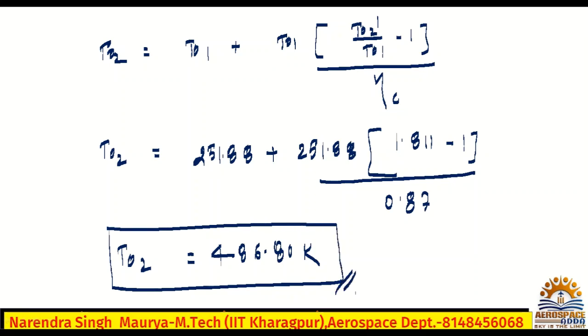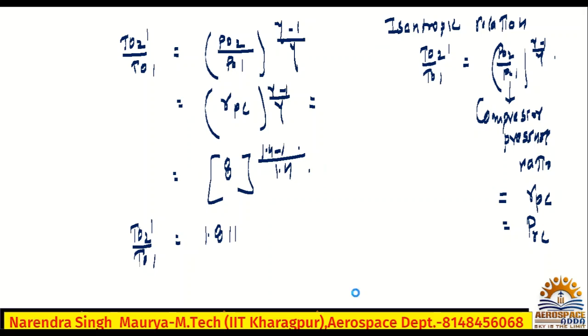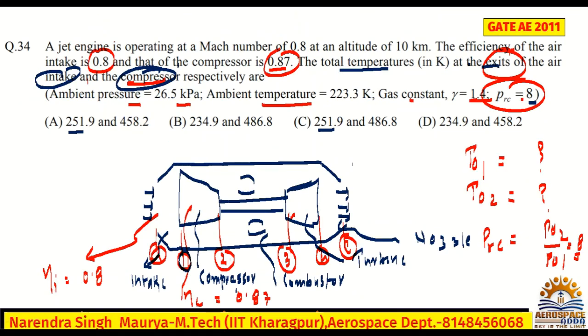This is T02. All right. So we have T02 as 486 and T01 as 251.88. Check, 486 is the correct answer then. What is your answer? The answer is C.